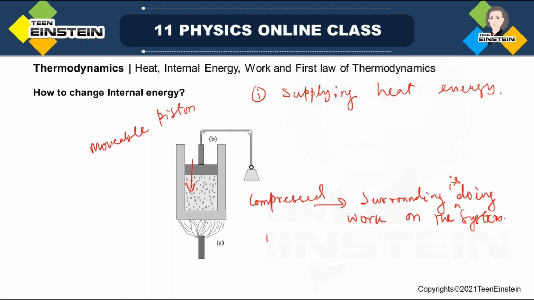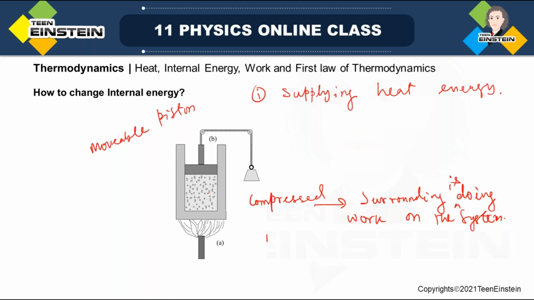Further, it can happen in the reverse way also. If the gas is doing certain work on the surroundings, then internal energy will decrease. So compressing means internal energy gets increased, or if the gas is expanding by itself, then it is doing certain work on the surroundings, so the internal energy will decrease.